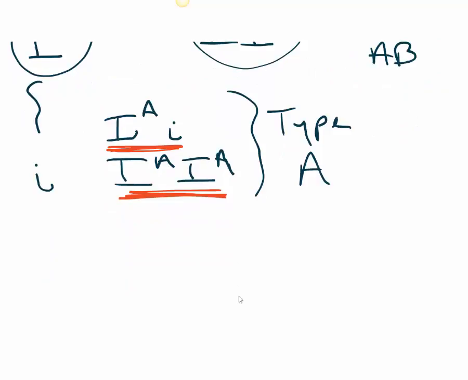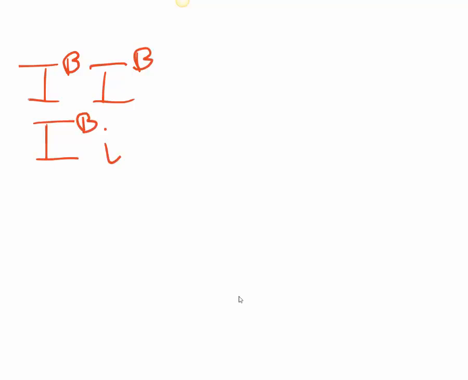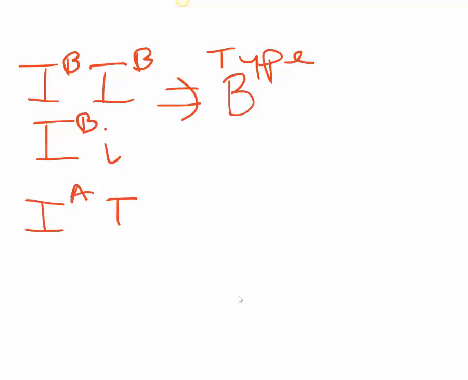So let's look at some other possibilities here then. If a person is blood type B, they can be capital I, B, IB, again homozygous dominant, or they can be IB, little i. And in that case, they are blood type B. Now what happens if a person is type AB? We already looked at that example.